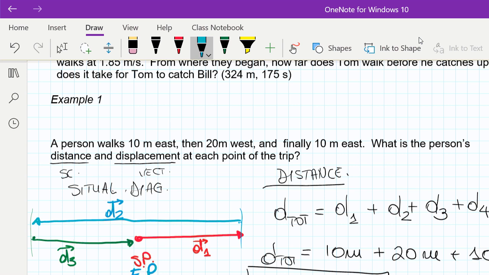And then when you enter this in your calculator, the total displacement will be equal to 0 meters. So you may have situations where the distance is huge, 40 meters in this case, and displacement is 0 because you are starting and finishing at the same point.